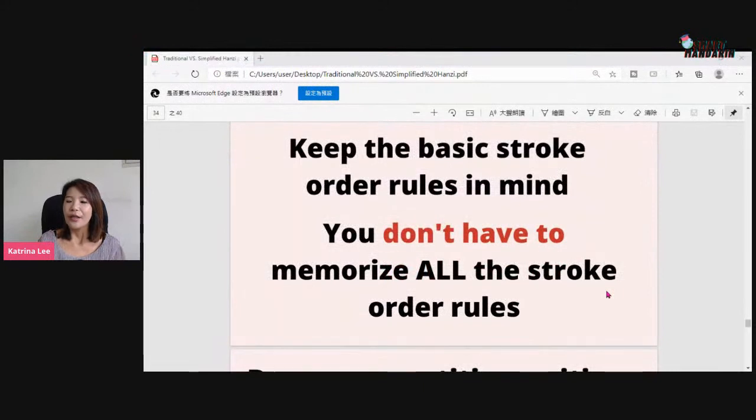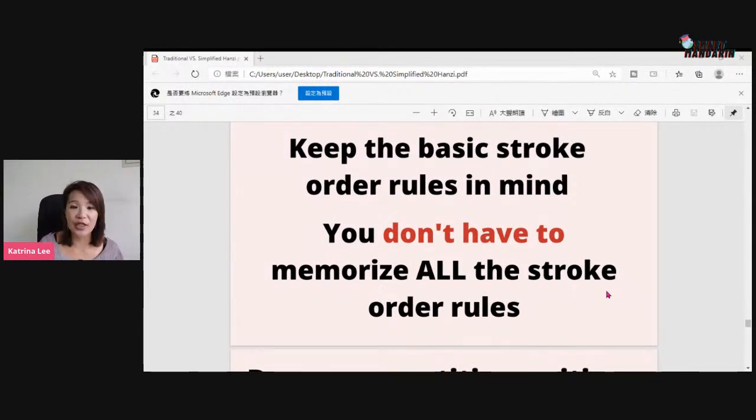So if you keep the basic stroke order rules in mind, you don't have to memorize all the stroke order rules, okay? Learning the stroke order is important because your muscle can remember. From left to right, from top to bottom, that's the basic stroke order.